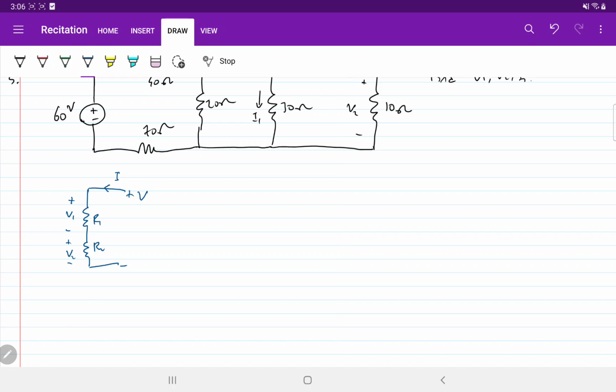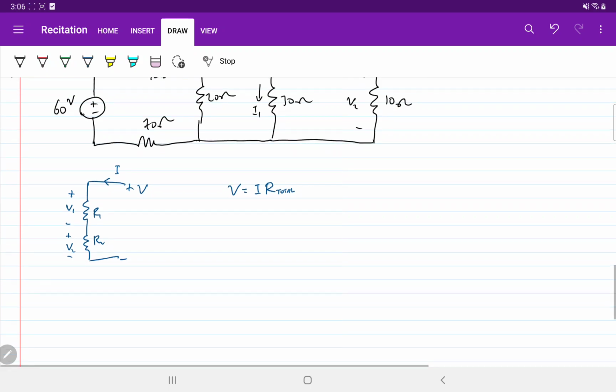So the question is, what is the relation between V1 and the total voltage, and the same, what is the relation between V2 and the total voltage V. All right, we know that the total voltage V is I, total current, times the total resistance, R total, right?